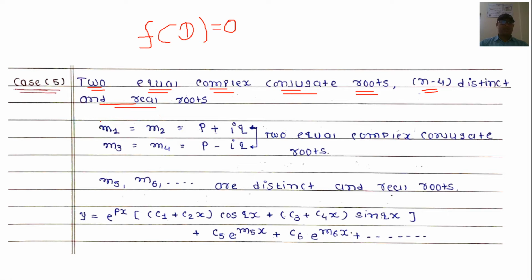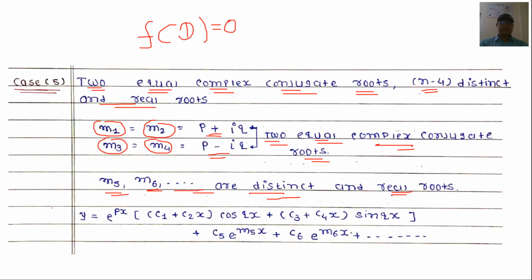It means suppose we have m1 and m2 equal to p plus iq and m3 and m4 equal to p minus iq. So these are the two equal complex conjugate roots, and m5, m6 up to the nth roots are the distinct and real roots.